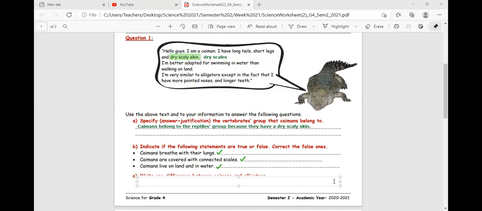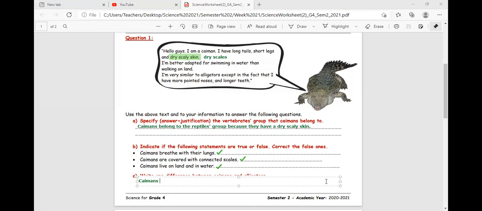The difference is that caimans are very similar to alligators, but what is the difference between them?